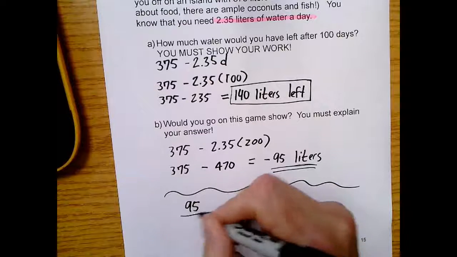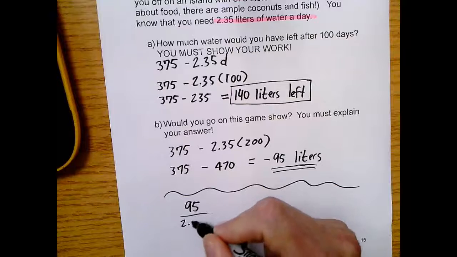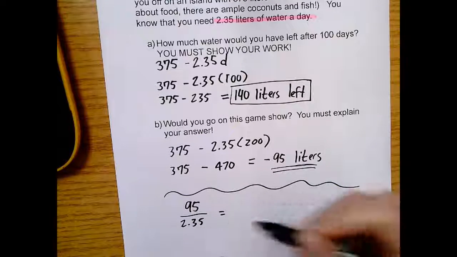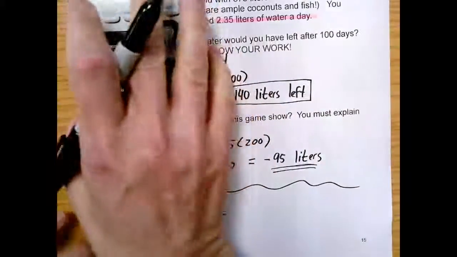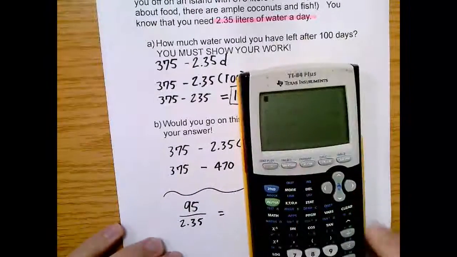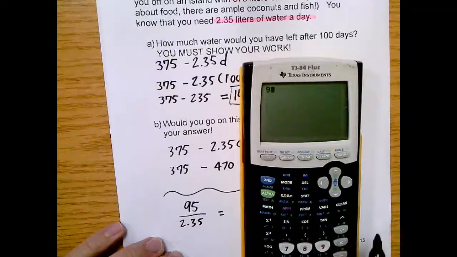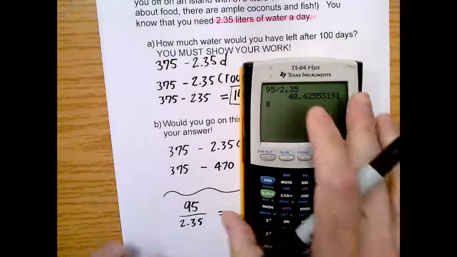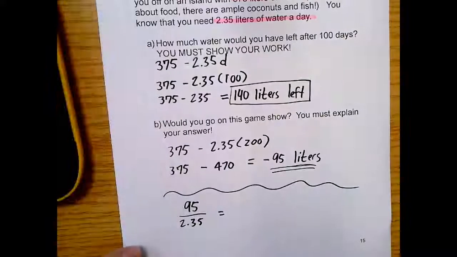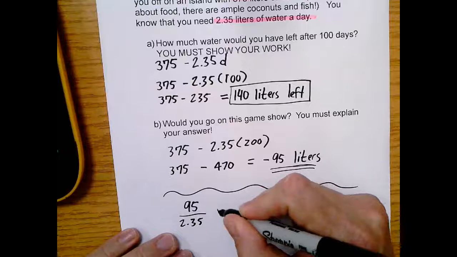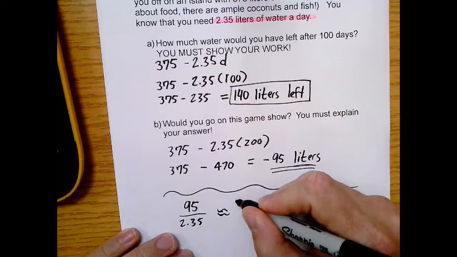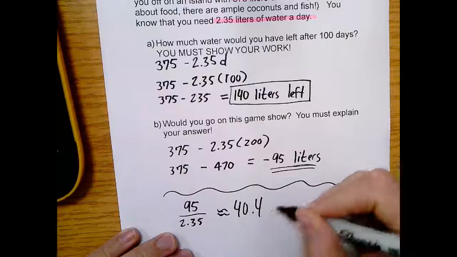So if we divide up those days by what we're drinking, we can figure out how many days we would have to go without water. And again, I'm going to take out my handy dandy thinking machine. And I just say here 95 divided by 2.35. Woo! It says 40.42. So it's about 40.4 days.